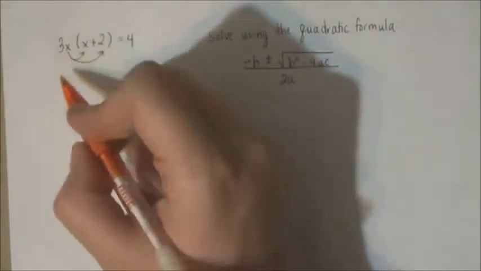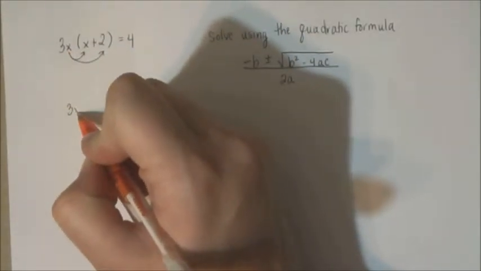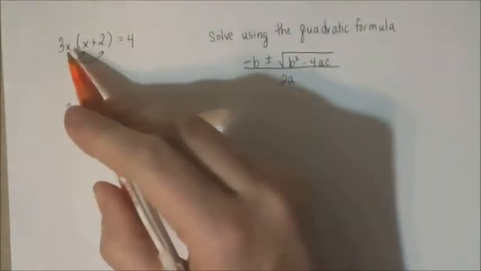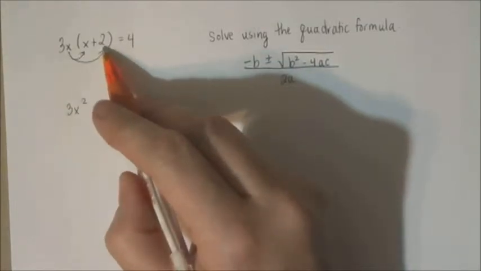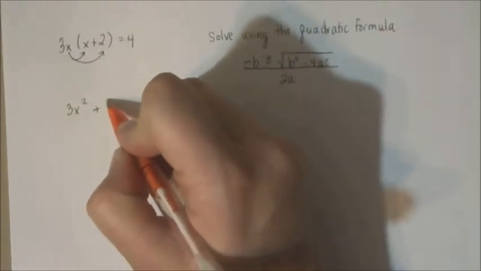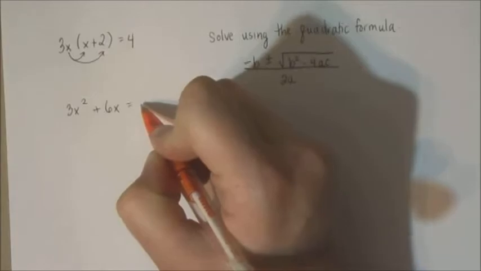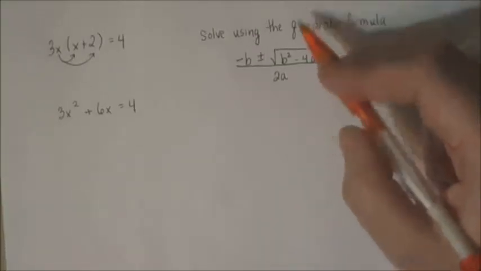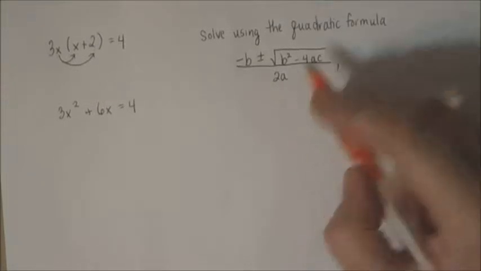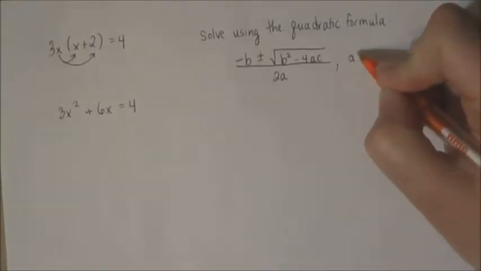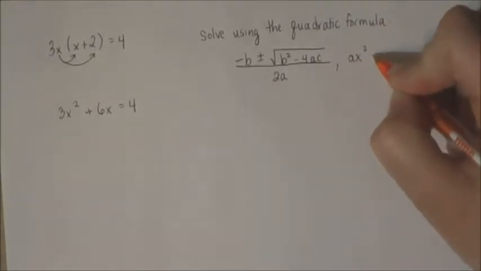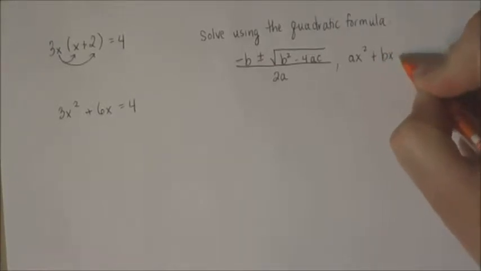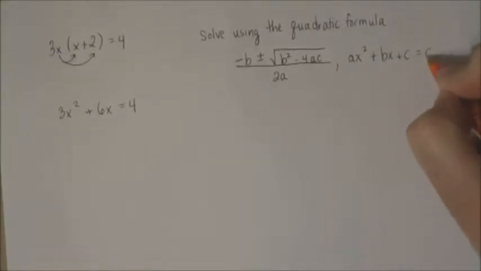So 3x times x, I would get 3x squared. Then 3x times 2, I would get a plus 6x, and equals 4. The next thing to notice is that the quadratic formula only applies if you have your equation in the format of ax squared plus bx plus c equals 0.